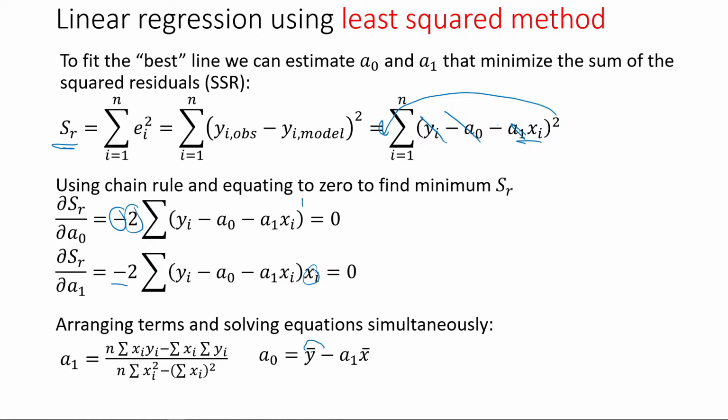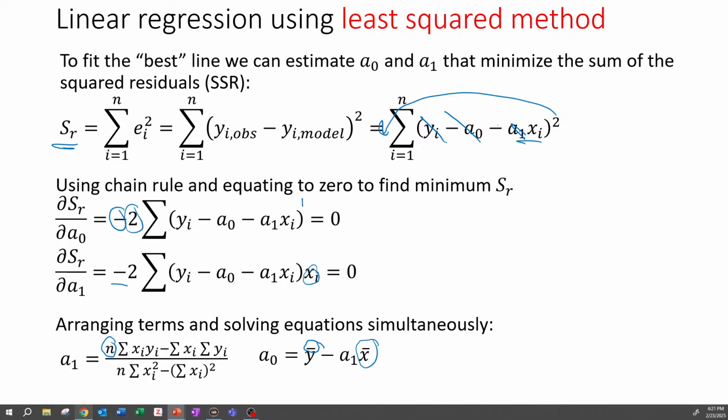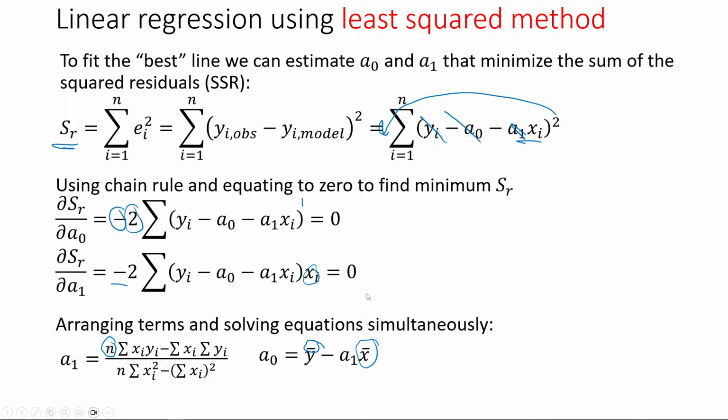This bar means the mean value of your y values, and this x-bar means the mean value of your x values. And n is the number of data points: n times the sum of x_i times y_i, minus the sum of x_i times the sum of y_i, divided by n times the sum of x_i squared, minus the square of the sum of x_i. So now we can solve this problem analytically.